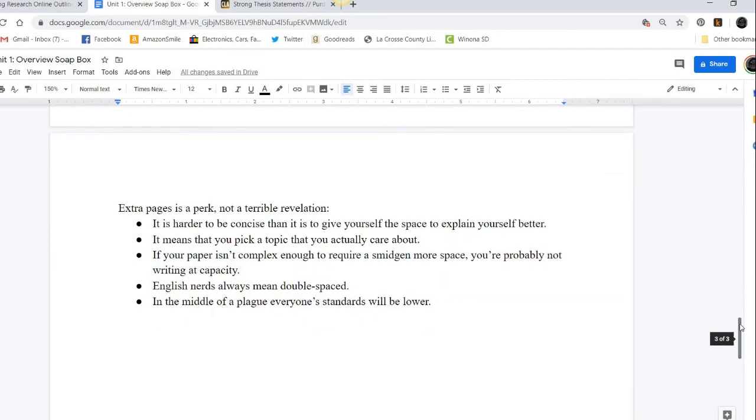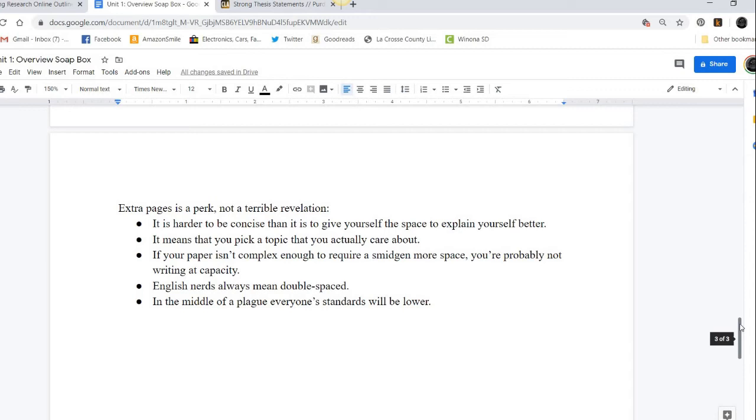So a lot of college papers get longer as you proceed through classes, and I actually pitch this as a perk, not another terrible revelation that we humans have had too much of recently. It is much, much harder to be concise and cover the same information than it is to give yourself the space to explain yourself better.